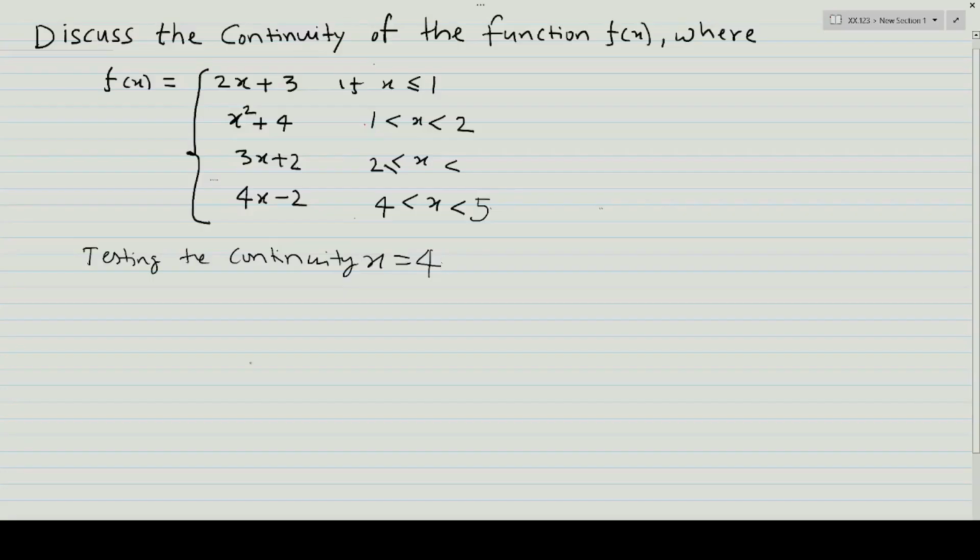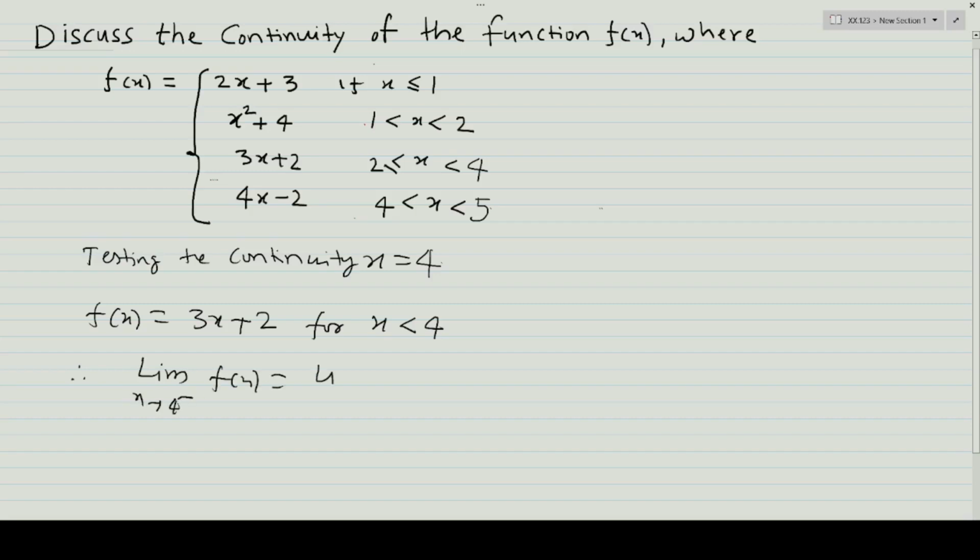Now testing the function at x equals 4. f(x) equals 3x plus 2 for x less than 4. Therefore, the limit as x tends to 4 minus of f(x) equals the limit as x tends to 4 minus of 3x plus 2, equals 3 into 4 plus 2, 12 plus 2, 14.